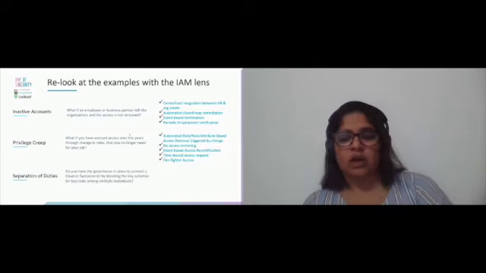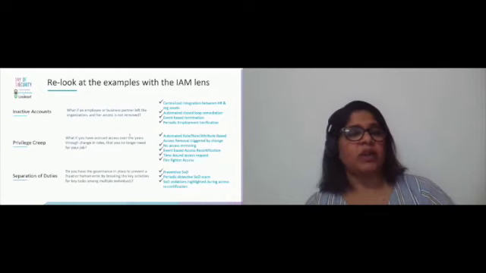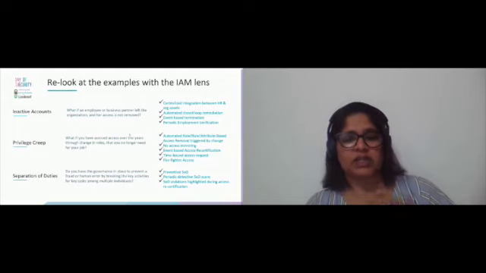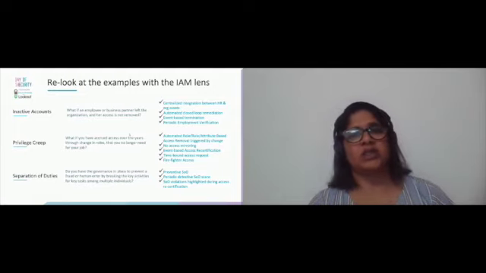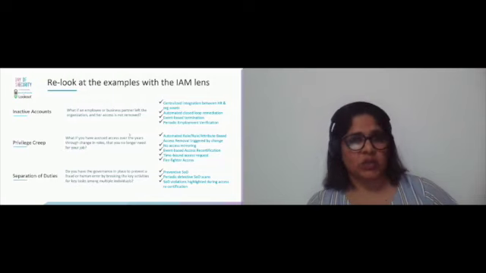Separation of duties. Again, IAM comes inbuilt with preventive and detective segregation of duty violation detection, right? So what I mean by preventive SOD is, let's say if I'm requesting an access X, and the organization says that when you have access X, you're not supposed to have access Y, and I already have access Y, right?